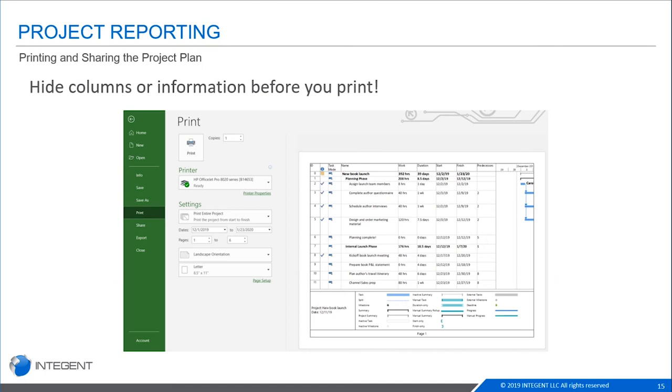It will scroll multiple pages up, down, sideways, whatever ways you can think of, everything in the view you're currently on will be printed. So make sure that you hide columns you don't want to see, maybe switch to more of a sheet view than a sheet view with a Gantt chart. And that will really, really help you in being able to share your project plan without using a lot of paper.